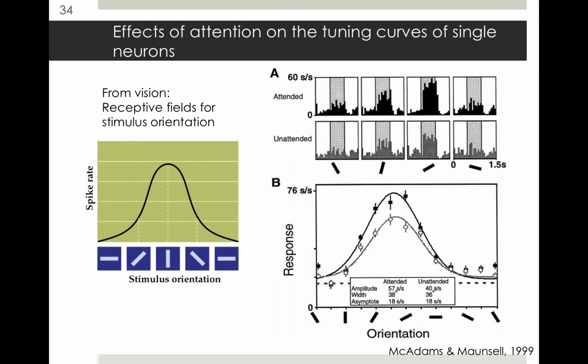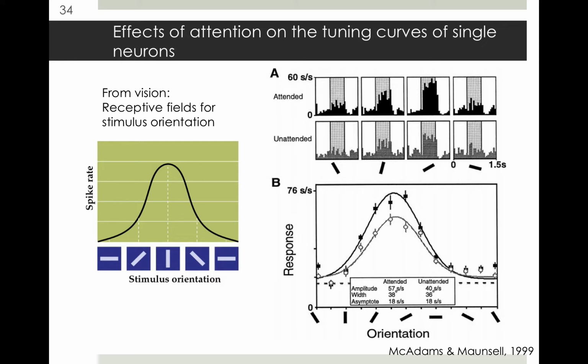But what this very nice paper observed was that the same cells can actually fire more when a certain orientation is attended. You could design a task such that the monkey is paying more attention to certain orientations than others, and it turns out that you can get attention-related enhancement of these single unit cells in V1.